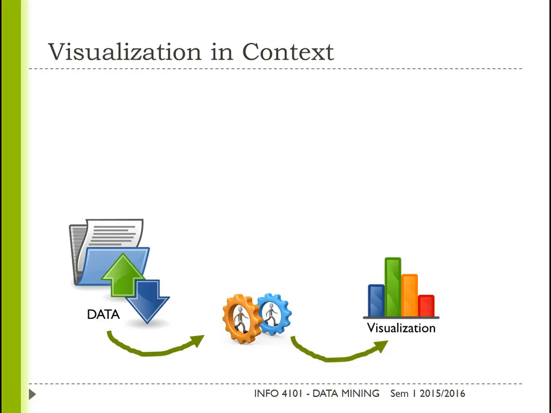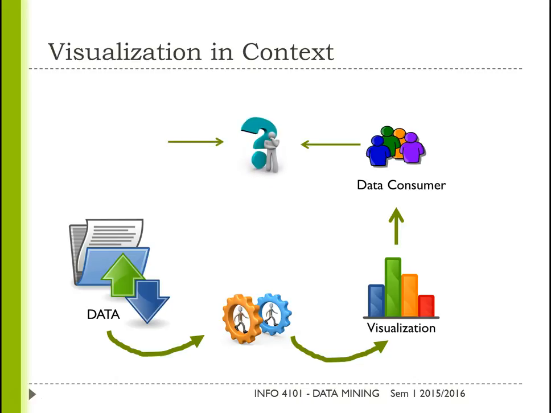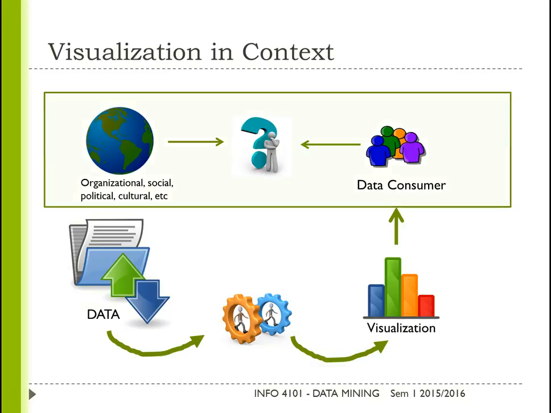Then afterwards you visualize it, and just now I highlighted that those visualizations should be able to convince the data consumer, so that they can then make decisions on certain issues. But the most important thing that you have to take into account is how your findings are placed in a context.